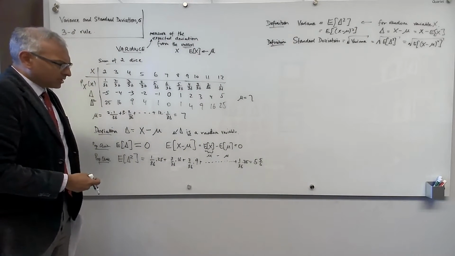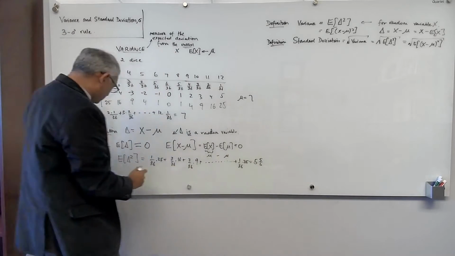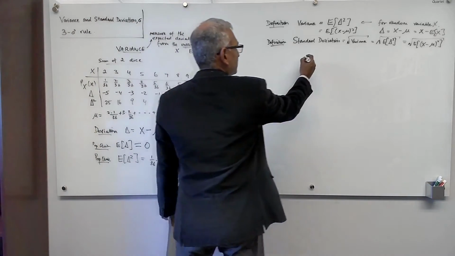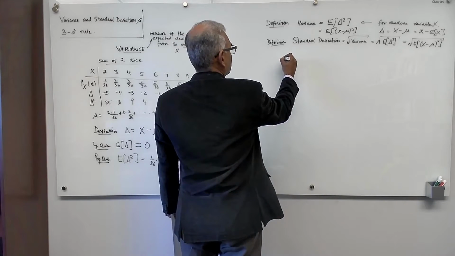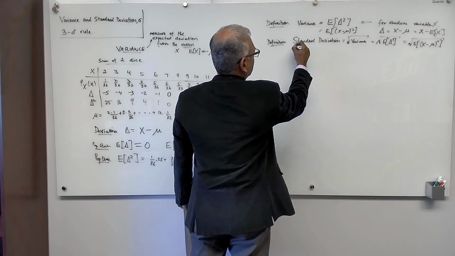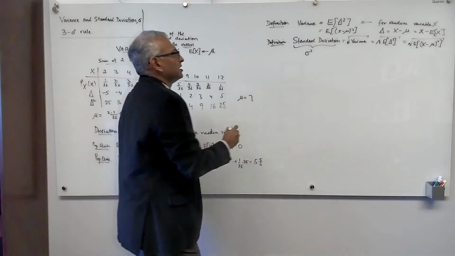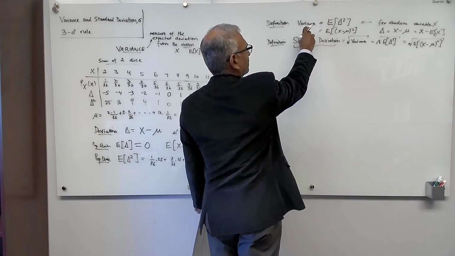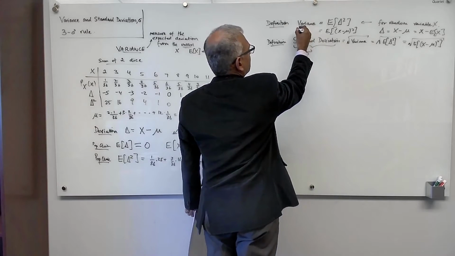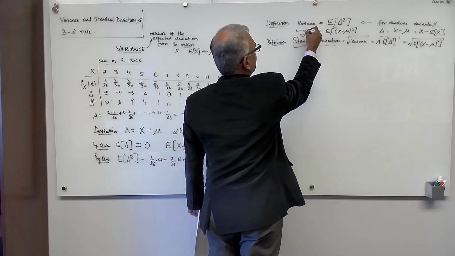If we take the square root of this, we get the standard deviation. We typically give the symbol sigma to the standard deviation. So sigma is the square root of the variance, and the variance we typically call sigma squared.